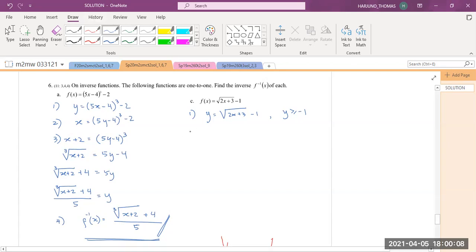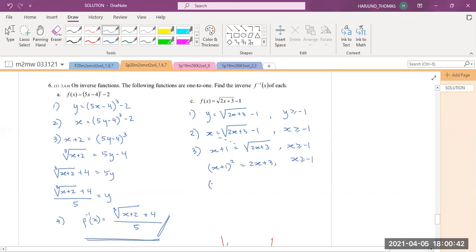When I swap, this becomes x is at least negative 1. So x plus 1 equals the square root of 2y plus 3. So x plus 1 squared equals 2y plus 3. But don't forget x is at least negative 1.